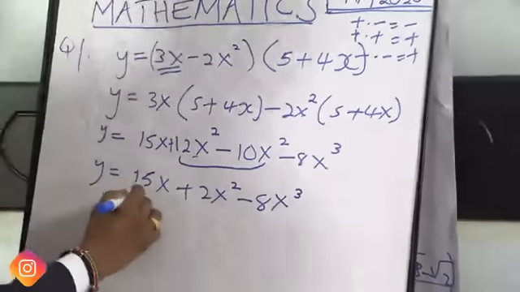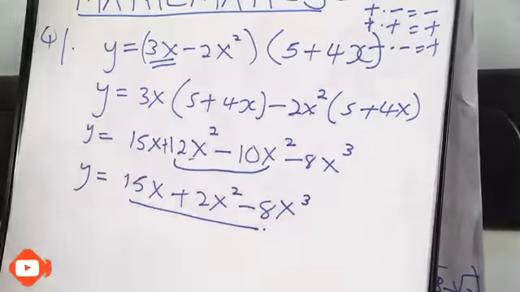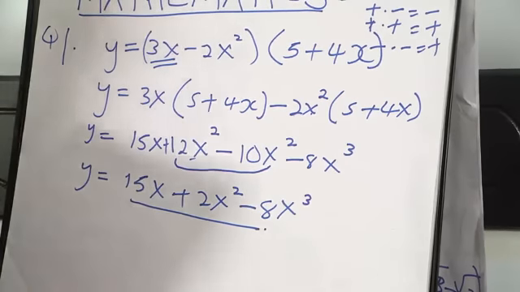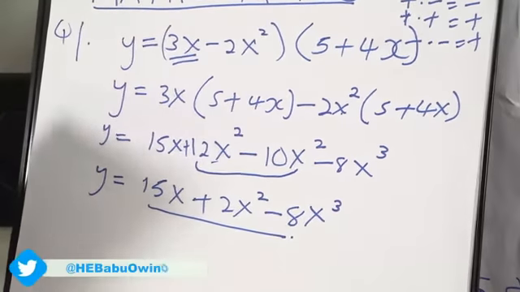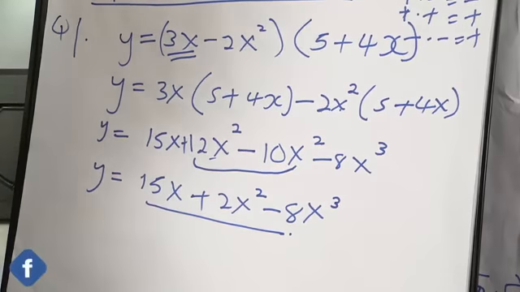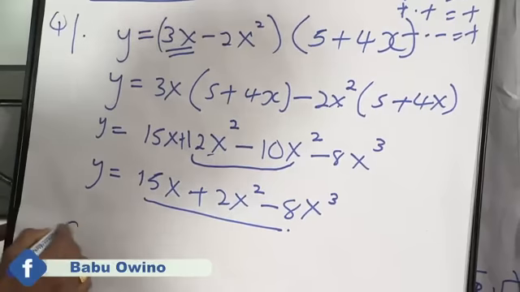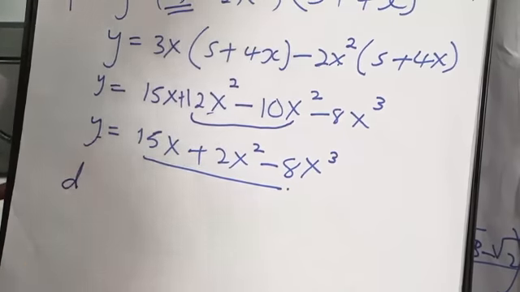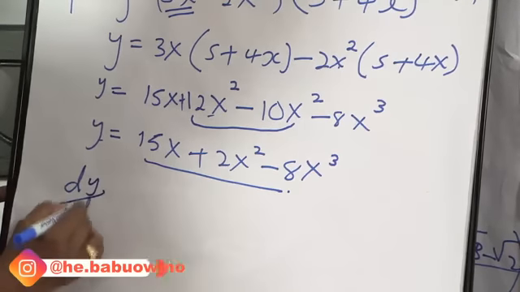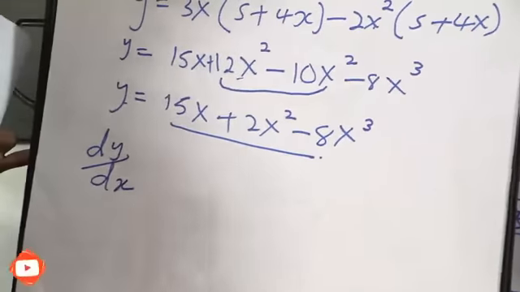So this is our simplified value for y. Then we are asked to find the derivative. That is differentiation. Differentiation is the gradient function. Now we are going to get the value of y with respect to x. That is dy/dx. This is what we call differentiation.